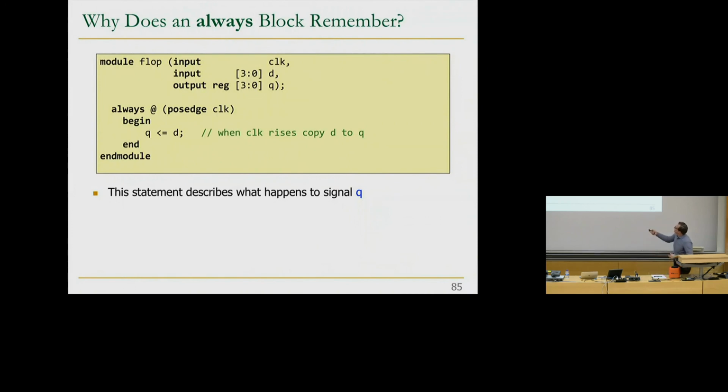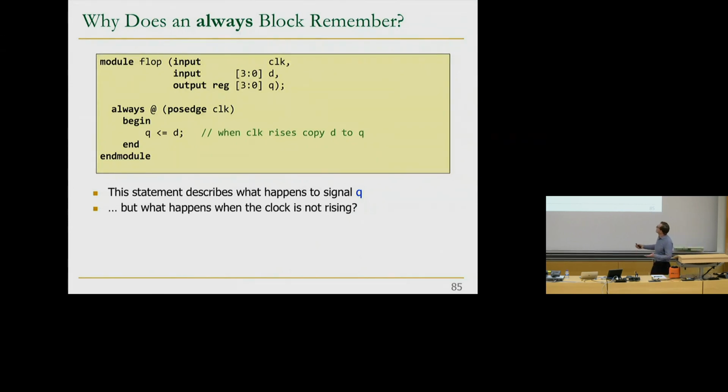Okay, so basically, why does an always block remember? Why is it a memory element, a remembering element? Going back to the D flip-flop, this statement describes what happens to signal Q, right? Q gets assigned D at the positive edge of the clock. What happens if it's not the positive edge of the clock?